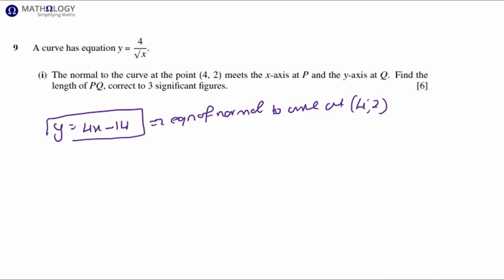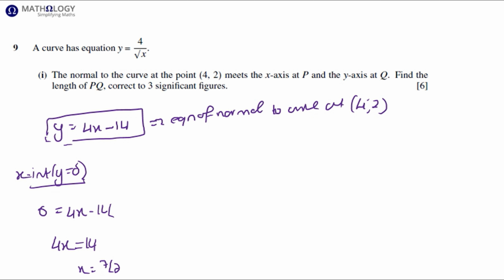Now to find the coordinates of P and Q, P lies on the x-axis. So where this line, this normal, cuts the x-axis will give us the coordinates of P. The x-intercept happens when y equals 0. So 0 equals 4x minus 14, 4x equals 14, x equals 7/2.